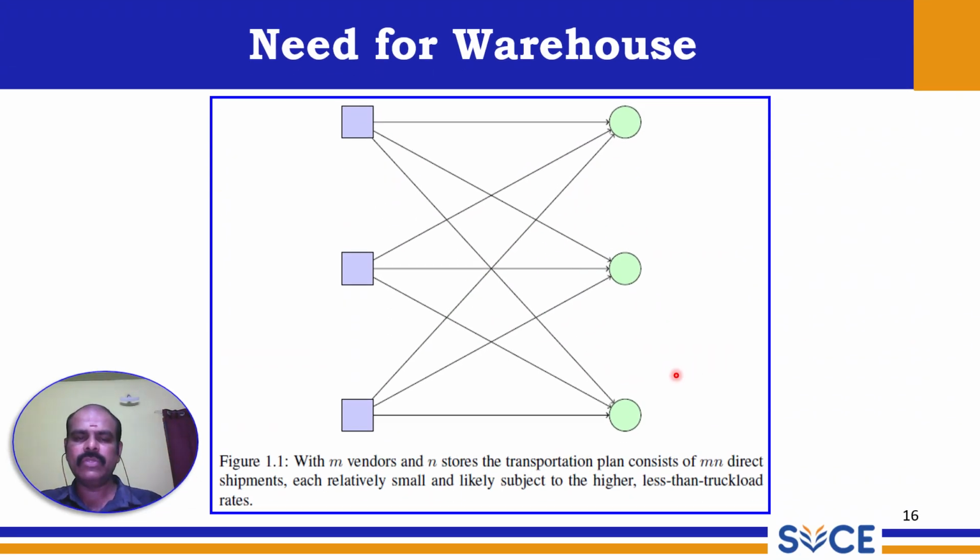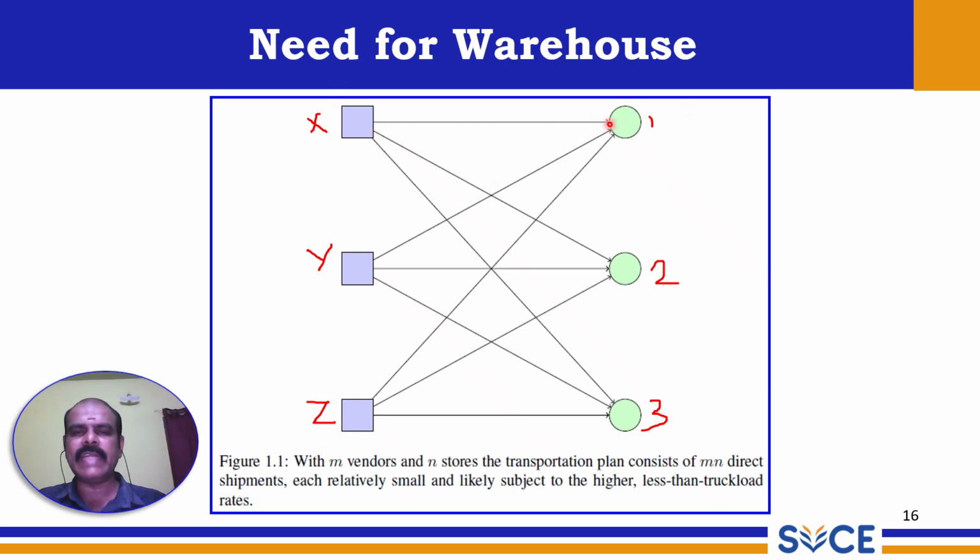Now, the need for a warehouse. Let us take a very simple example. These are the categories, say X, Y, and Z, say manufacturers on one end and the consumers on the other end, say 1, 2, and 3. Now each of these consumers is supplied from X, Y, and Z. So we have three consumers and three suppliers.